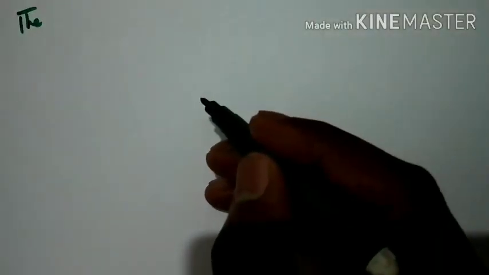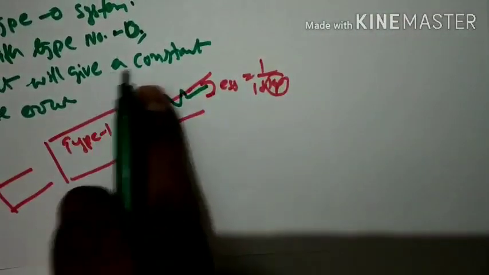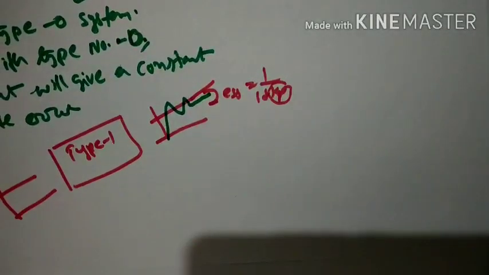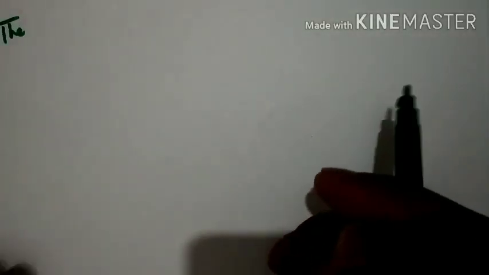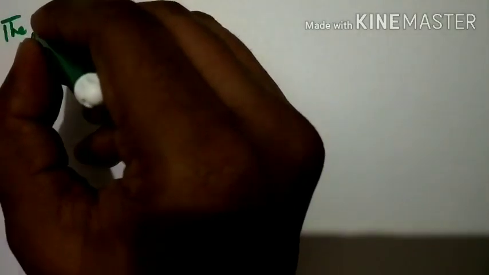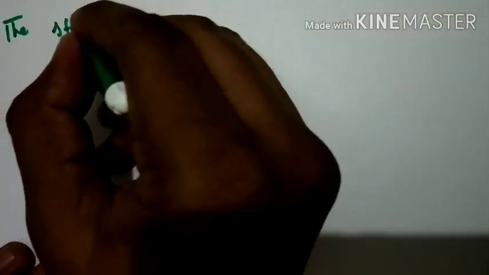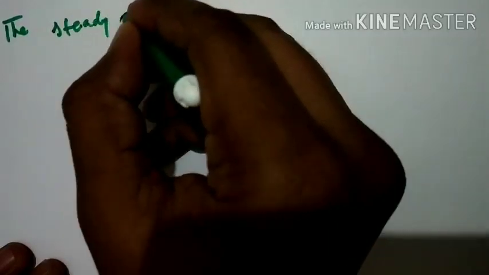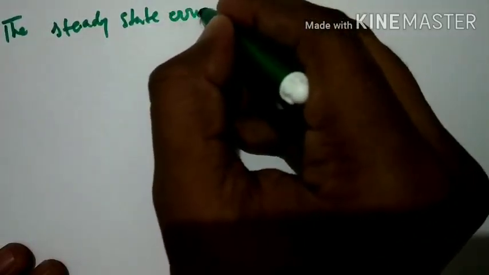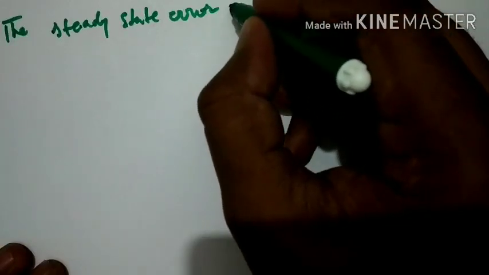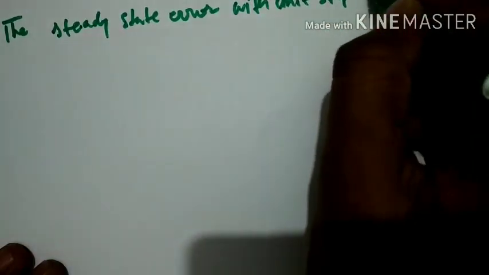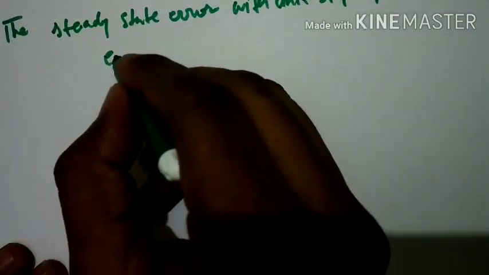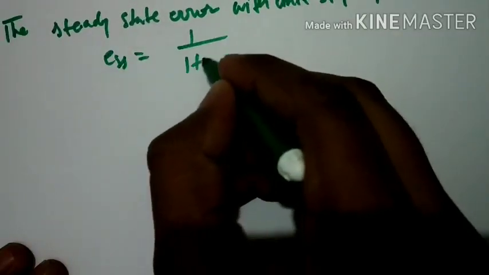So with unit step input, ESS is equal to 1 by 1 plus Kp.